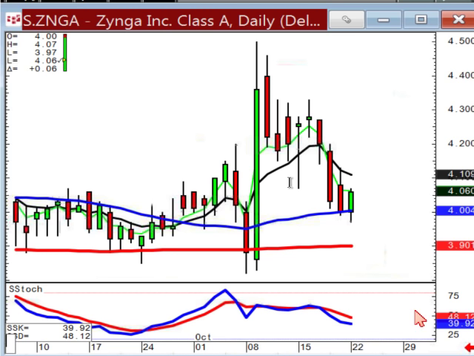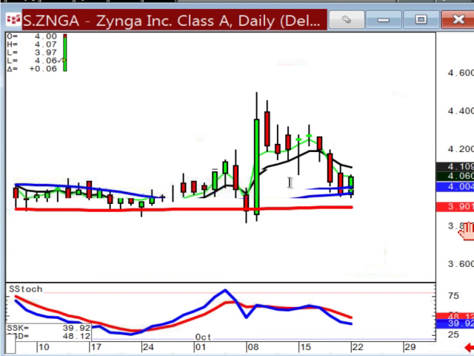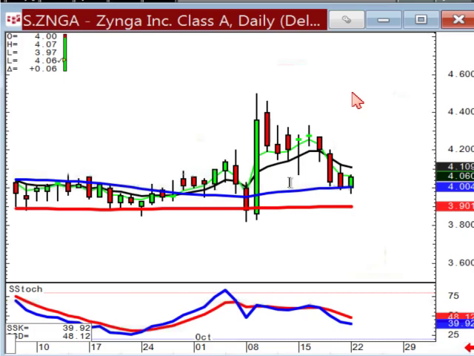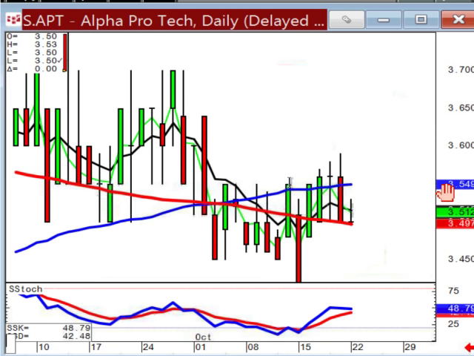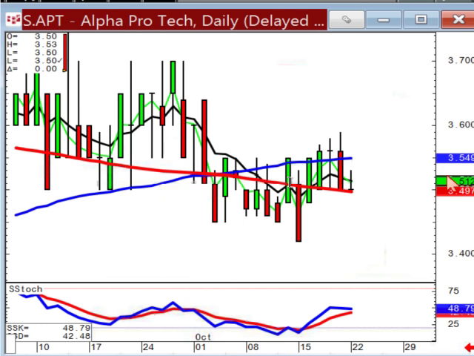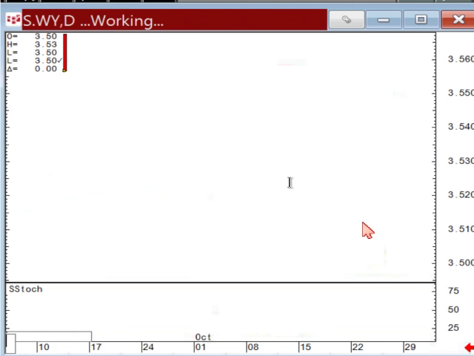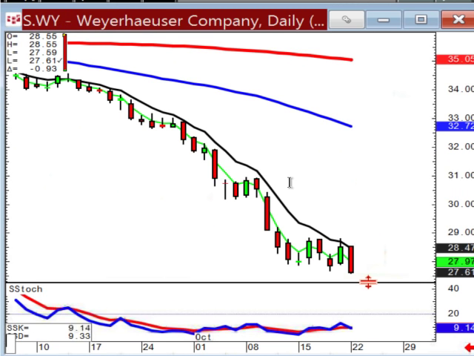Zenga, nothing. Wouldn't be long or short, this one. APT, nothing. It looks like a very low volume trading stock. Weyerhaeuser, stay short.